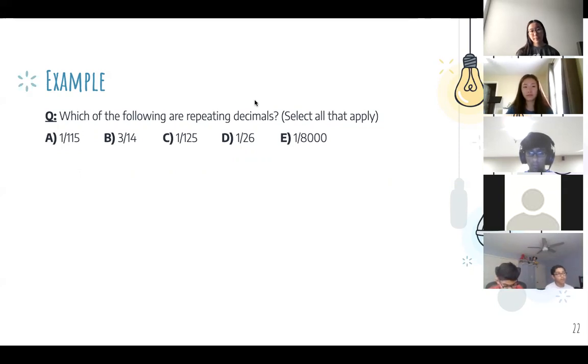Okay, I see B. Okay, I see. Someone said B. Someone said D. Select all of the ones that apply. So it's not just going to be one answer.